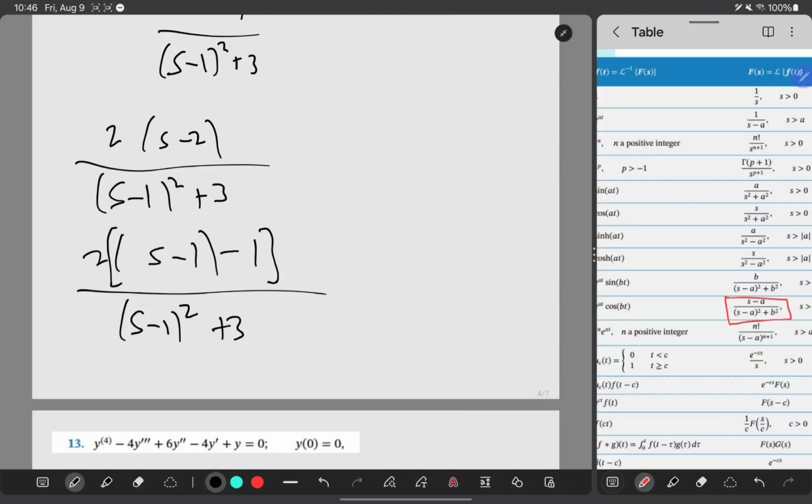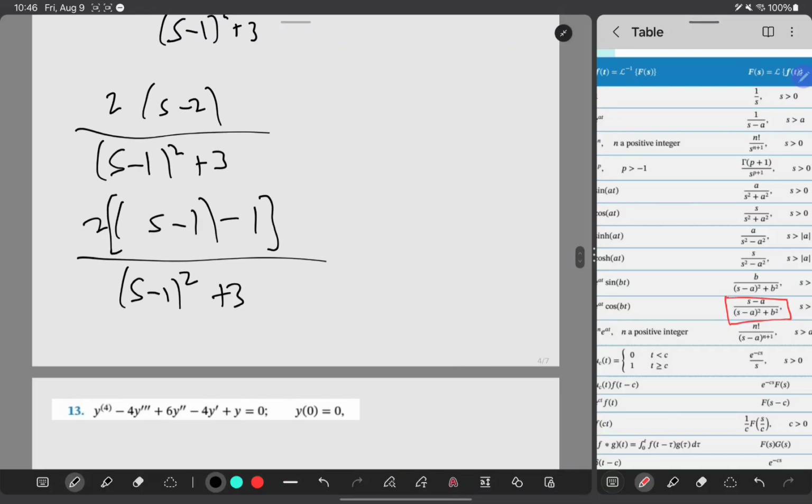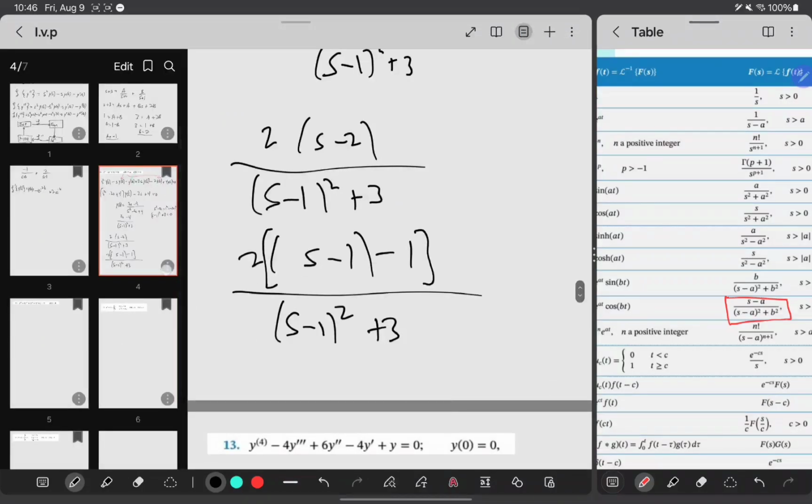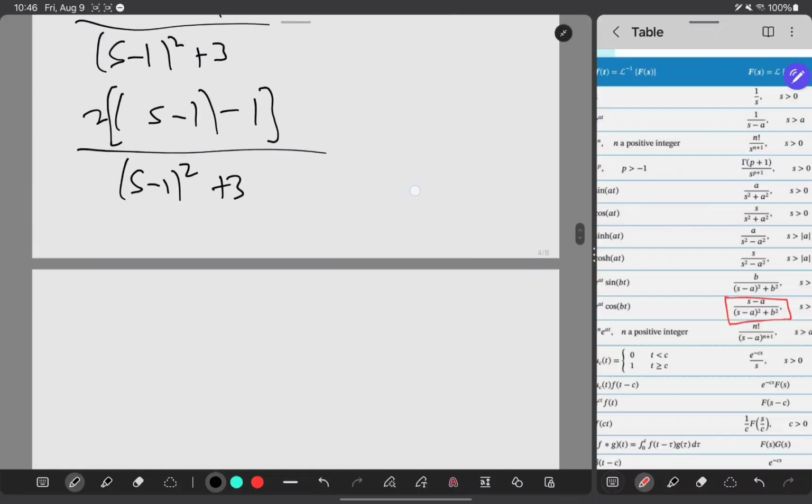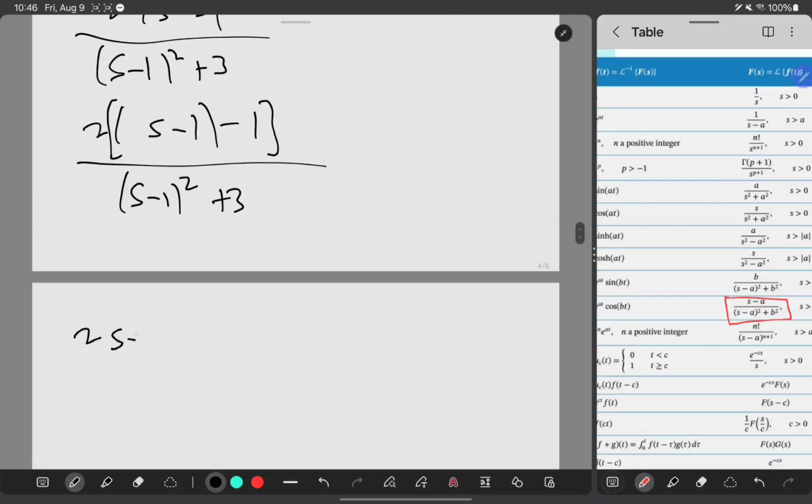Then I need another page. I would group these together since we have that s minus 1 now. Let's put that 2 out.